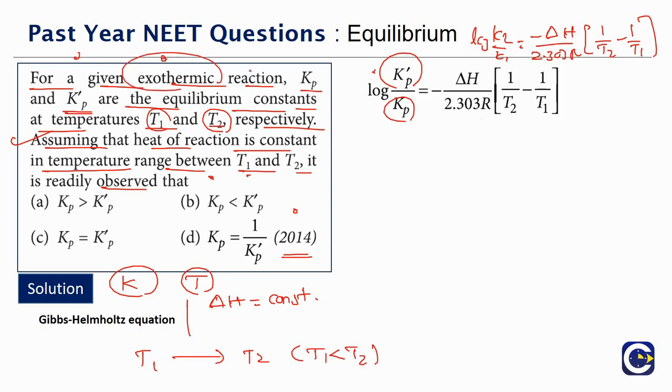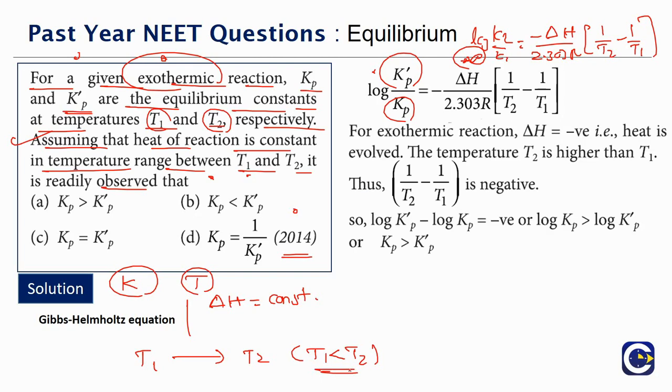Now if you look at this information, what they are saying about the reaction is that this is an exothermic reaction. Means this delta H part is going to be negative. Exothermic means delta H is negative, and we are assuming that T1 is less than T2. So if you look at the relation between the terms, first of all delta H is negative, so we put a minus here. Minus into minus is plus.